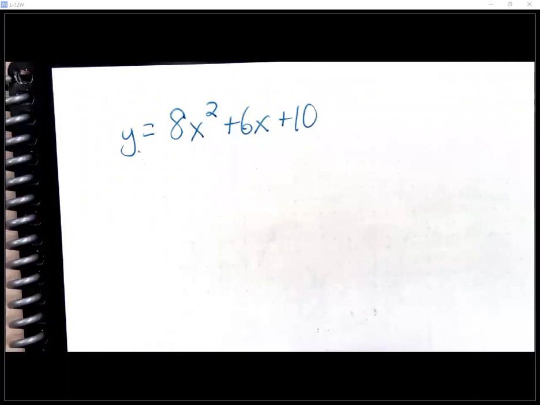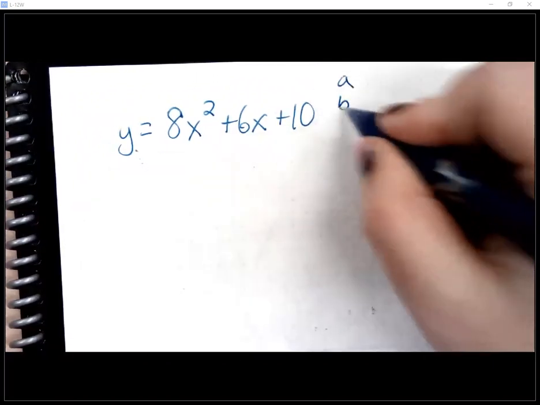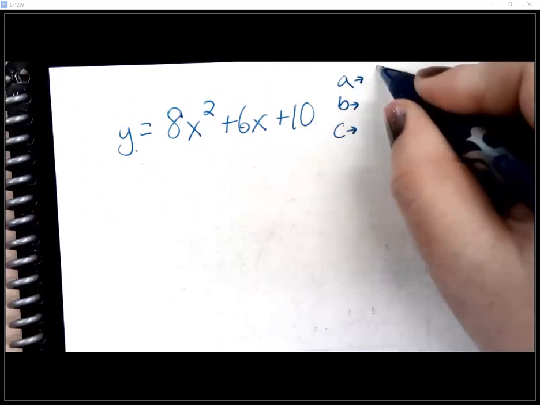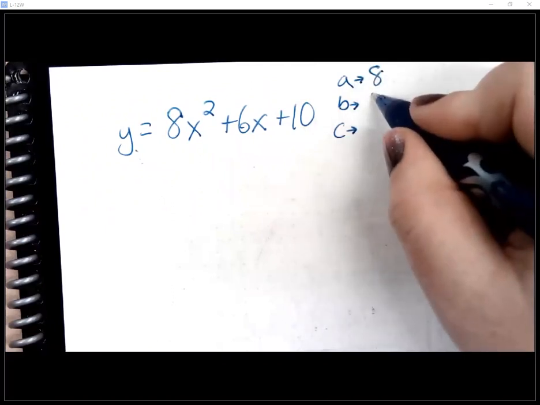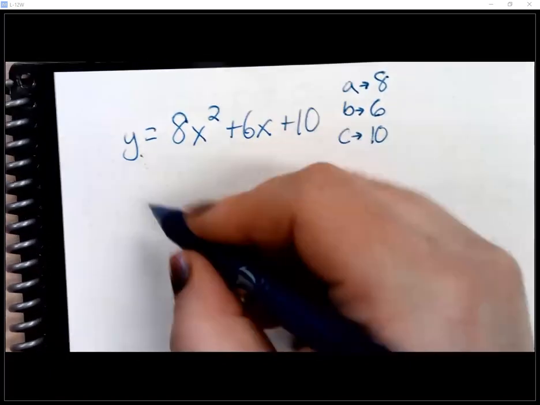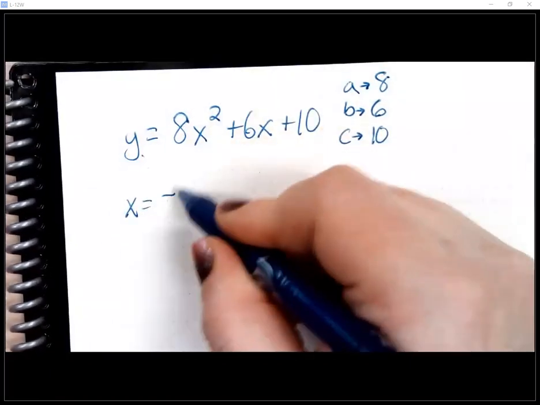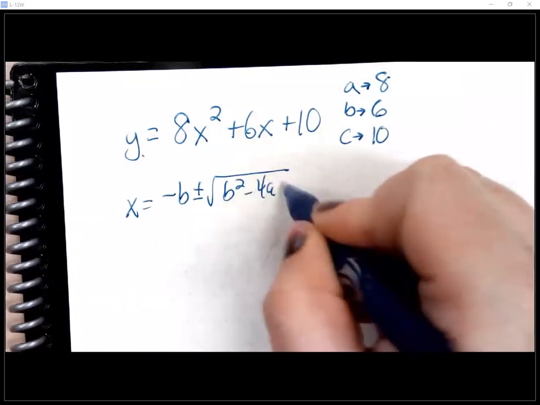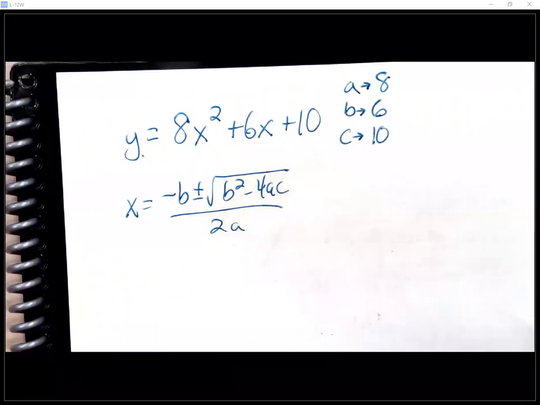But what I can do is the quad formula. I can always do the quad formula. So let's pick out A, B, and C. What is A? 8. B is 6 and C is 10. So now using my quad formula, I'll rewrite it here just so we have it right in front of us. Negative B plus or minus the square root of B squared minus 4AC all over 2A. All right, take a moment and pop in all of those pieces.